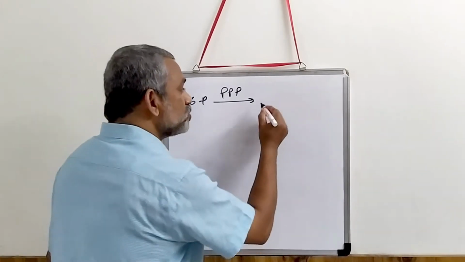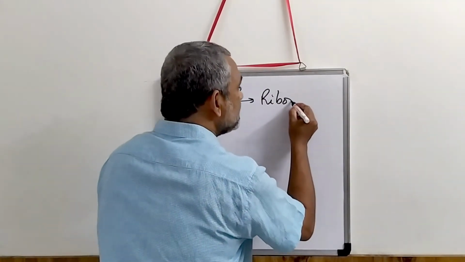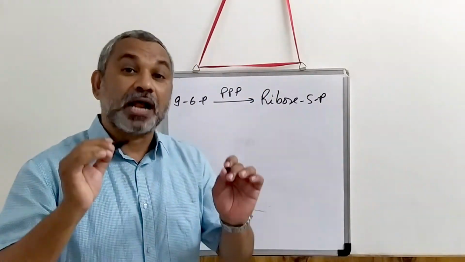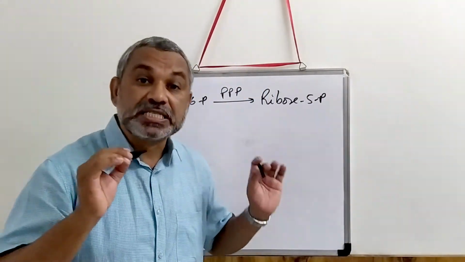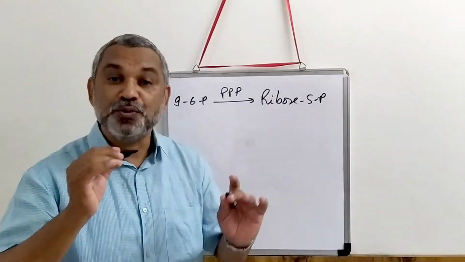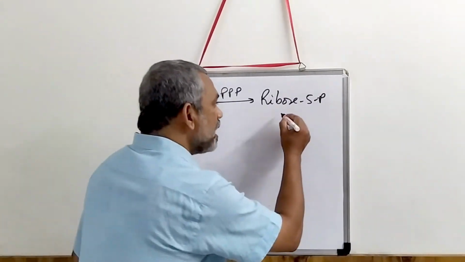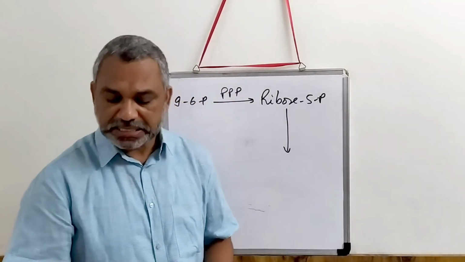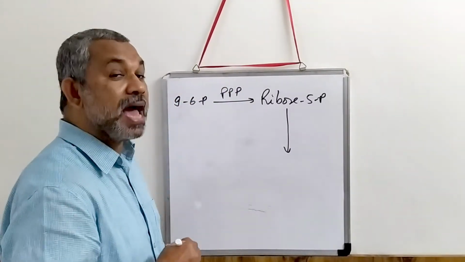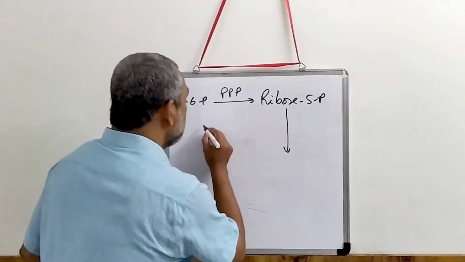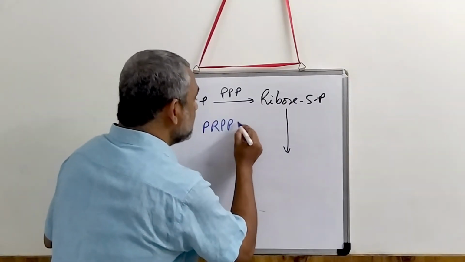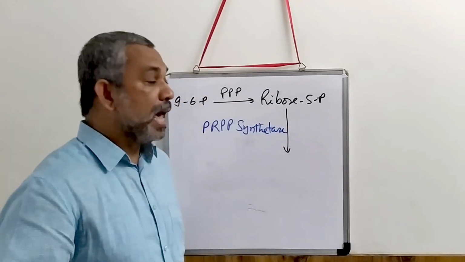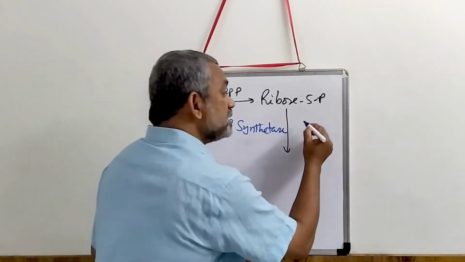What happens in pentose phosphate pathway? You will get a product called ribose 5-phosphate. Ribose 5-phosphate is the starting material for purine synthesis. So what happens to ribose 5-phosphate? Ribose 5-phosphate is acted upon by an enzyme called PRPP synthetase. And what else is required?